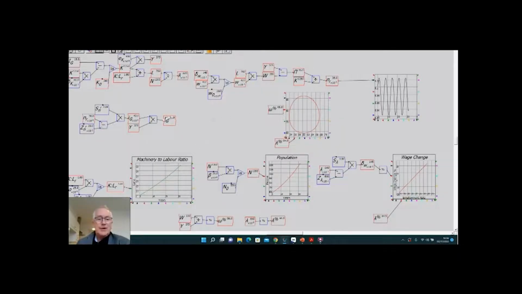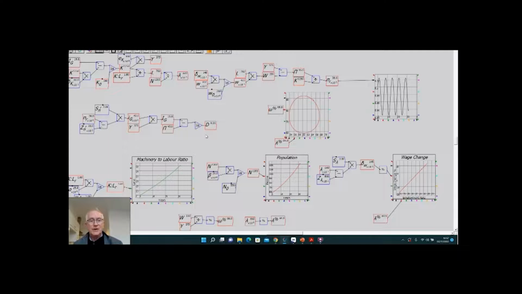To do that, you've got to have the firms borrowing money when they want to invest more than their profits. So if investment minus profits is positive, then the firms have to borrow money to make up the difference, and that's where you bring in another integral block here and make that D for debt. So investment minus profits is the rate of growth of debt.